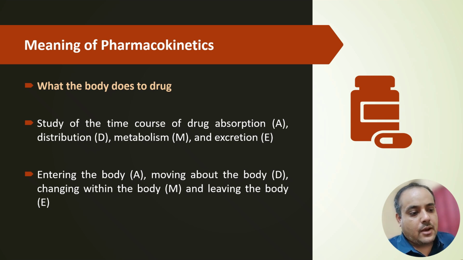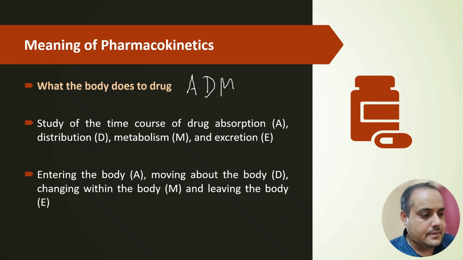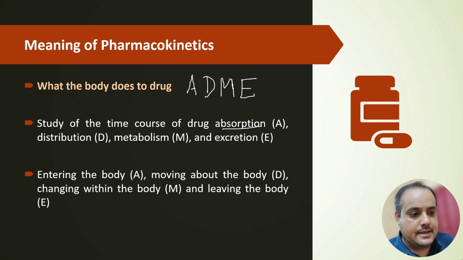In pharmacokinetics, we basically study four components of the drug, classically known as A, D, M, and E. The study of the time course of the drug in relation to ADME, where A stands for absorption, D stands for distribution, M stands for metabolism, and E stands for excretion, is known as pharmacokinetics.